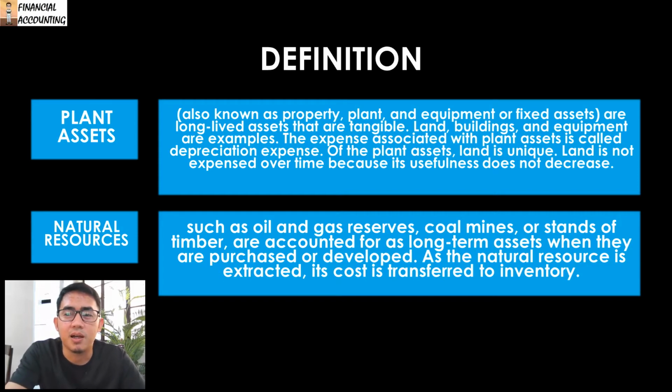There will come a time that when you purchase land, for example, all those natural resources in that land will be exhausted. That's why we have to deplete the value of the natural resources. The term used for plant assets is depreciation, while the term used for natural resources is depletion.